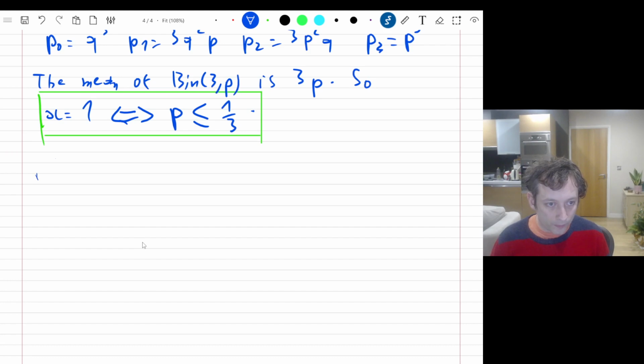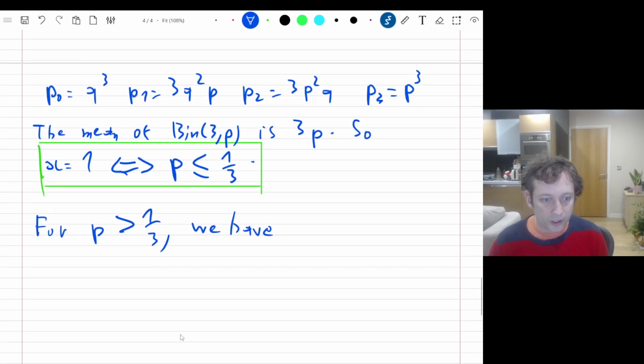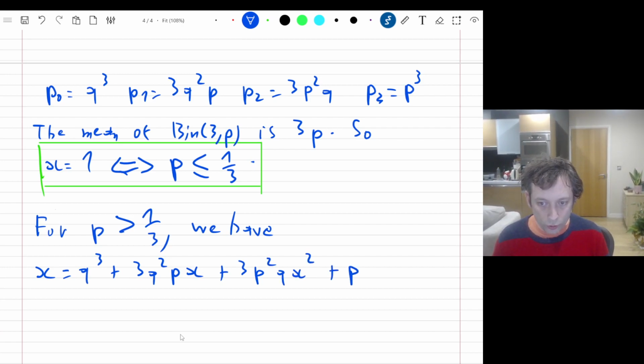So for p bigger than 1/3, we have that x is a solution to an equation, which is given by all these probabilities that we have above. So I'll scroll up a tiny bit. x equals q cubed plus 3q squared p x plus 3p squared q x squared plus p cubed x cubed.